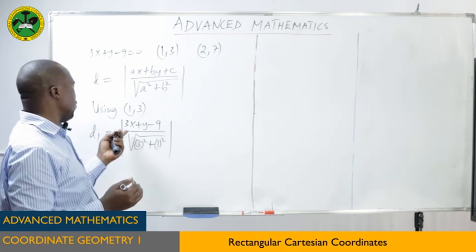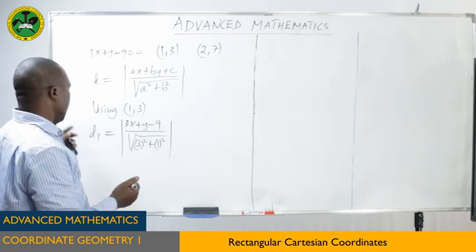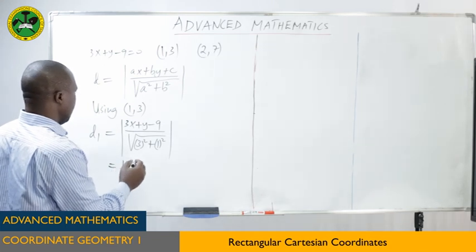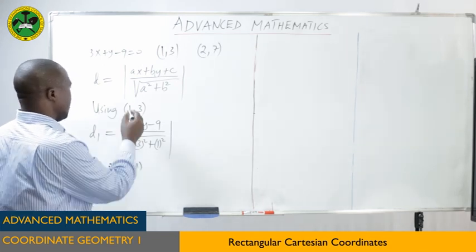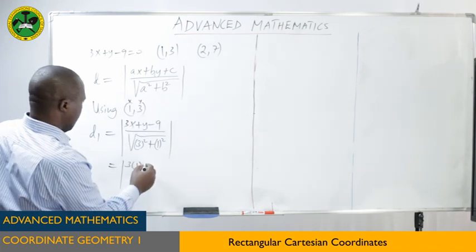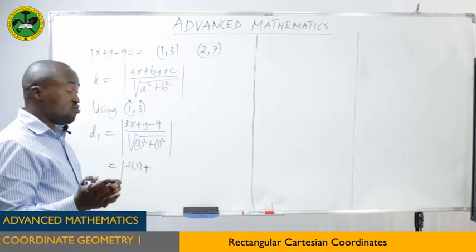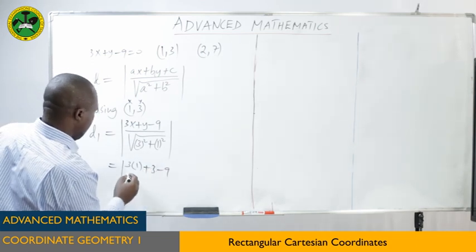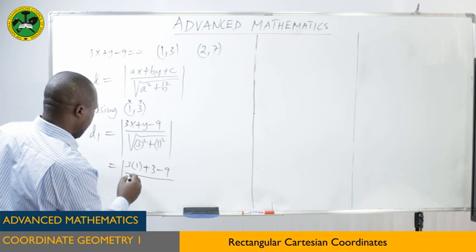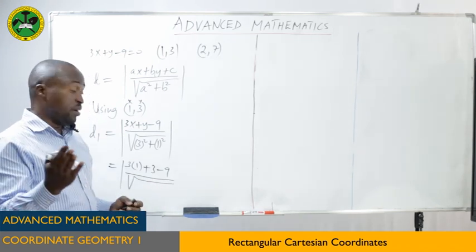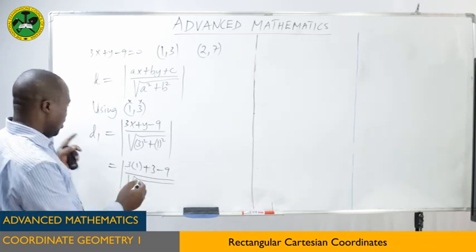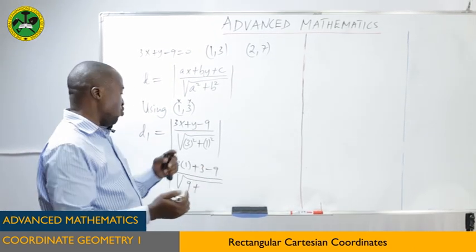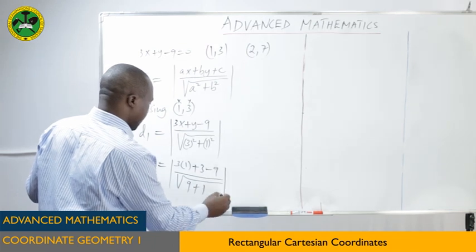Now here we substitute this coordinate. So the distance will be equal to 3 times 1, that is the value of x, but again plus, we have the value of y, which is 3, then minus 9 over the square root of, remember here we have 3 squared, which is equal to 9, plus, again we have 1 squared, that is 1.